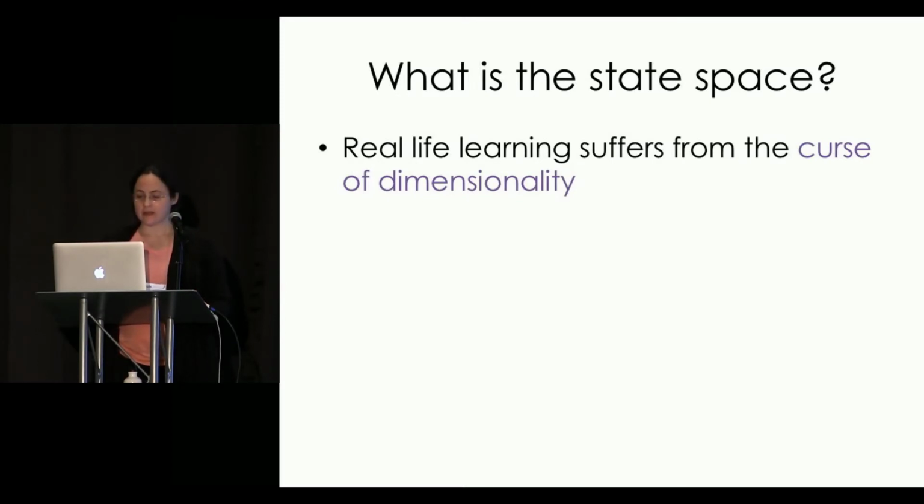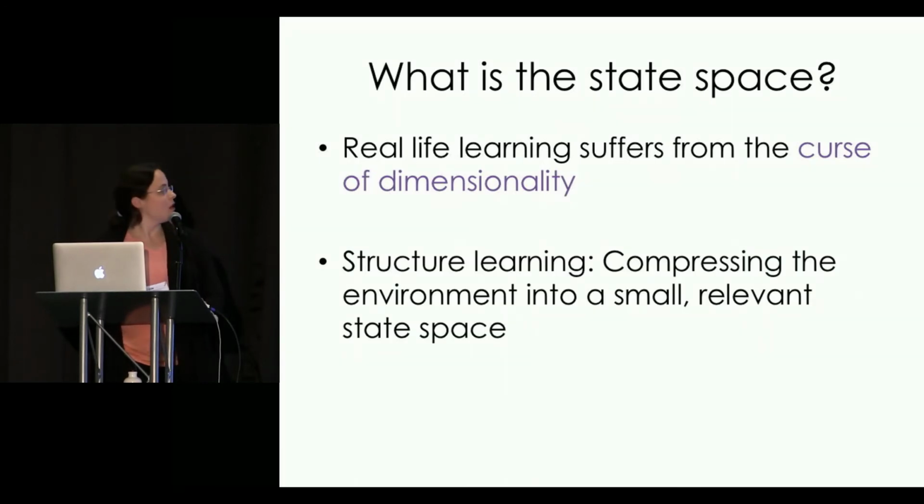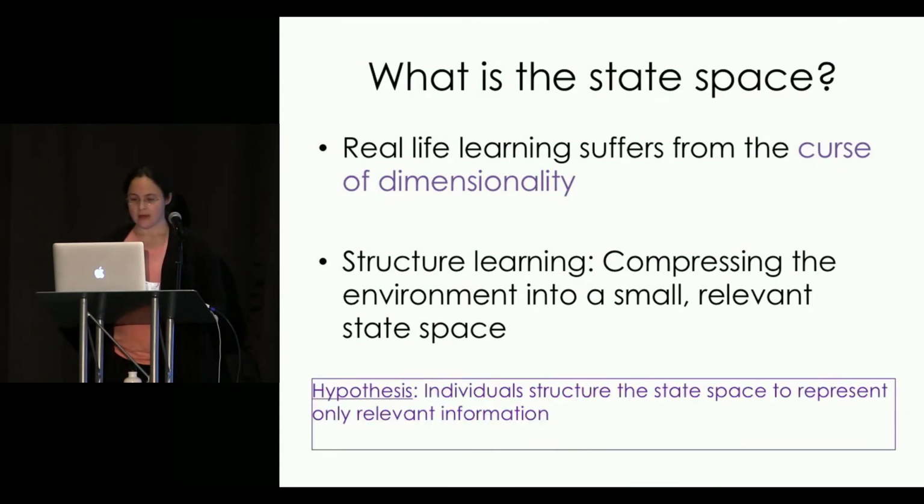So the idea here is that structure learning is a process that we use to represent the state space into something that's more relevant, and potentially in this case to just compress the perceptual state space into something much smaller, much lower dimensional, over which we can have efficient learning. Okay, so the hypothesis is that individuals structure the state space to represent only the information that's relevant for their current interaction with the world.